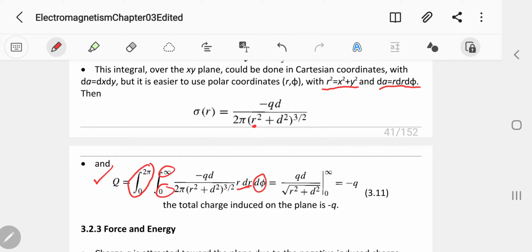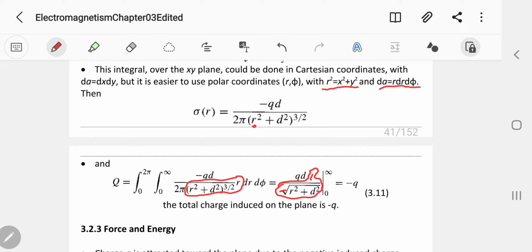So if you do that, the integral of phi from 0 to 2 pi will just be 2 pi, and that will cancel, and your integral of this one with respect to dr would just be equal to negative of 1 over that.